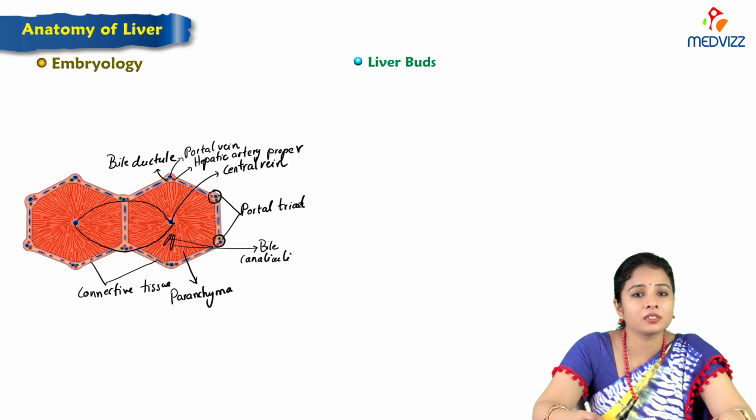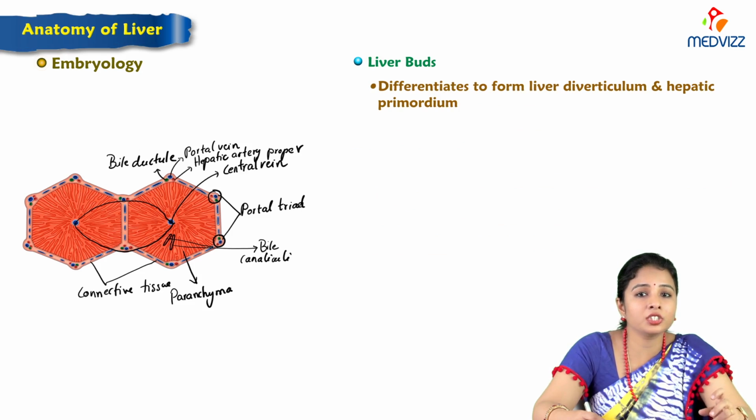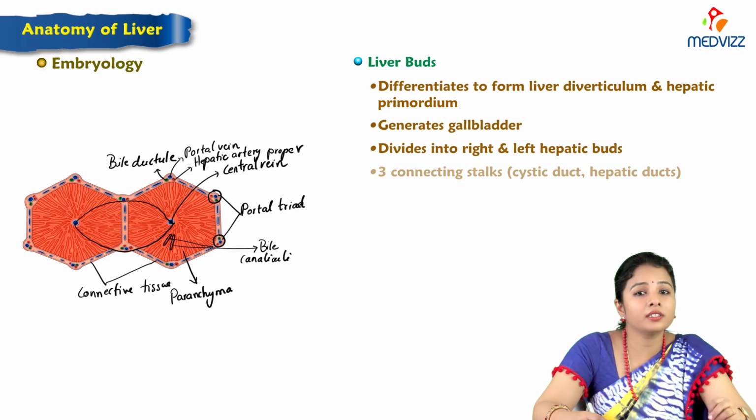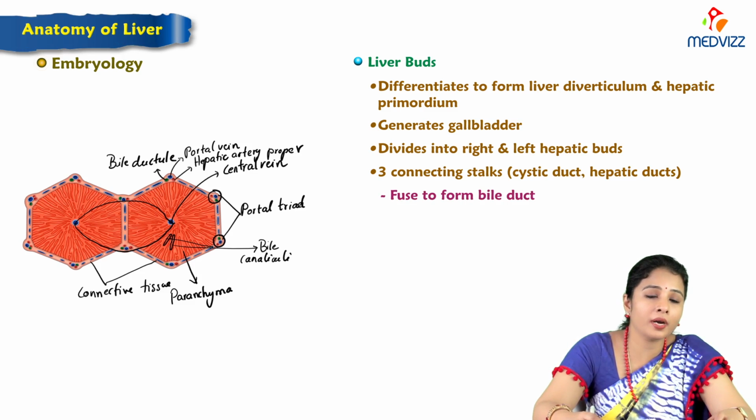Liver buds: the liver bud differentiates to form the liver diverticulum and hepatic primordium, generates the gallbladder, and then divides into right and left liver buds or hepatic buds, and three connecting stalks, that is the cystic duct and hepatic duct, which fuse to form the bile duct.